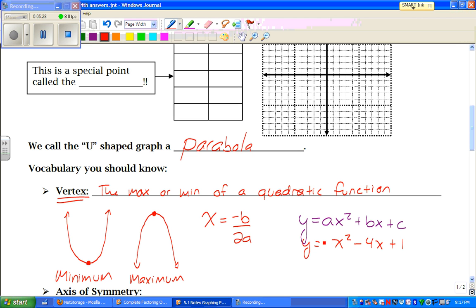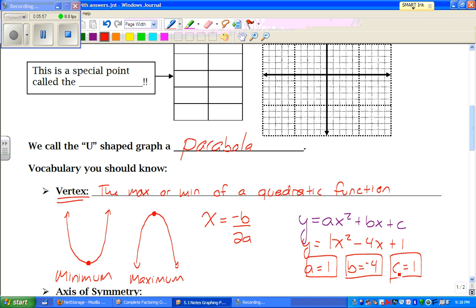If there's no number next to the x squared, the a value is a 1. The b value is right next to x, and the c value is by itself. So in this case, my a value is 1, my b value is negative 4, and my c value is 1.